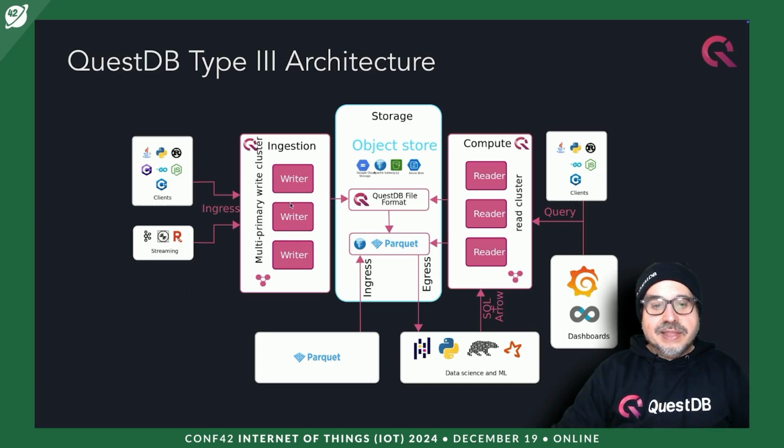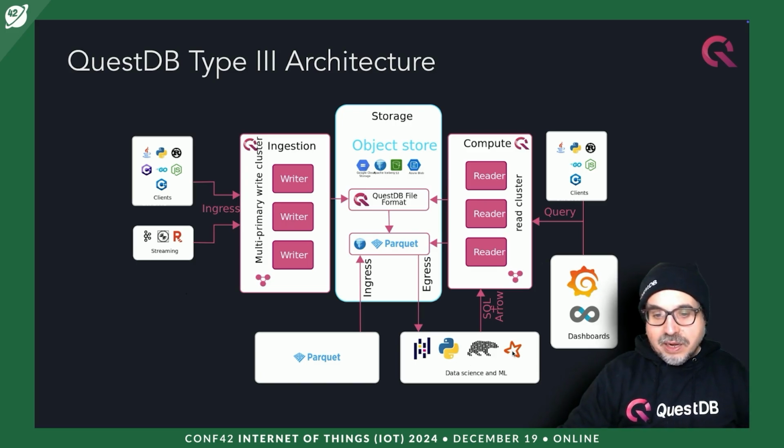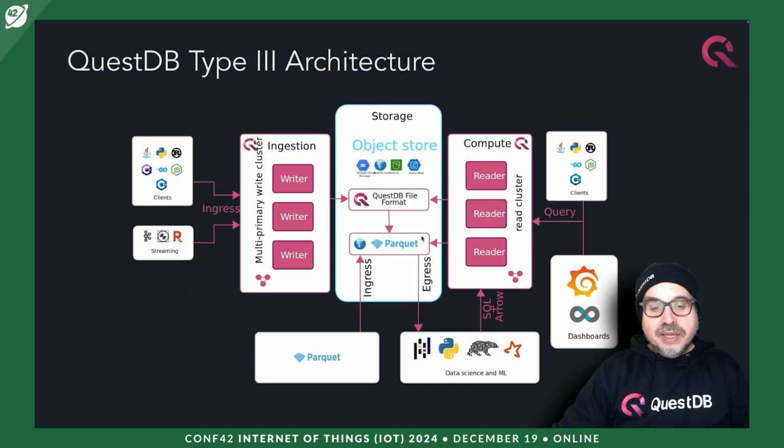Whichever way you are ingesting the data, the parallel writers are going to be writing data to the QuestDB file formats for the latest partition, to Parquet for all the older partitions or all the data which is arriving late. This Parquet file can be consumed directly by any tools like Polars or Pandas or Spark or DuckDB. Anything you are using, you can read directly from Parquet without having to use the query engine.